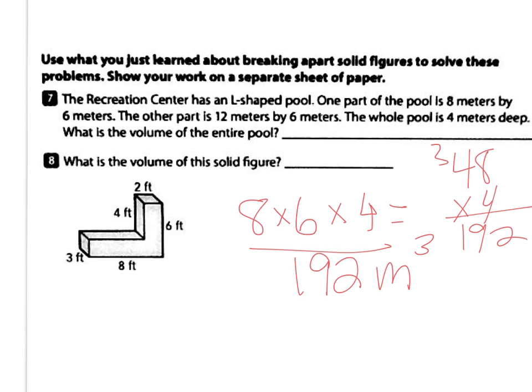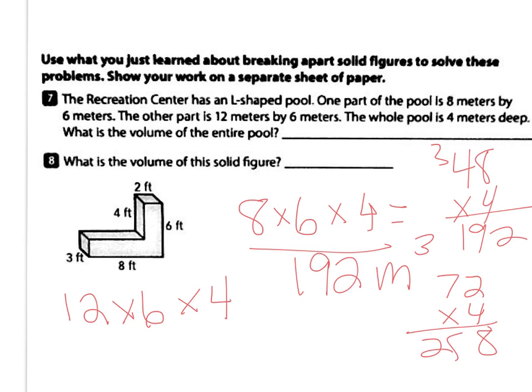The second part of the pool is 12 meters by 6 meters, and it's still 4 meters deep. Remember, when we're looking at volume, you've got to have those 3 measurements unless there's an area that's already been done for you. 12 times 6 is 72 times 4. 4 times 2 is 8. 4 times 7 is 28.